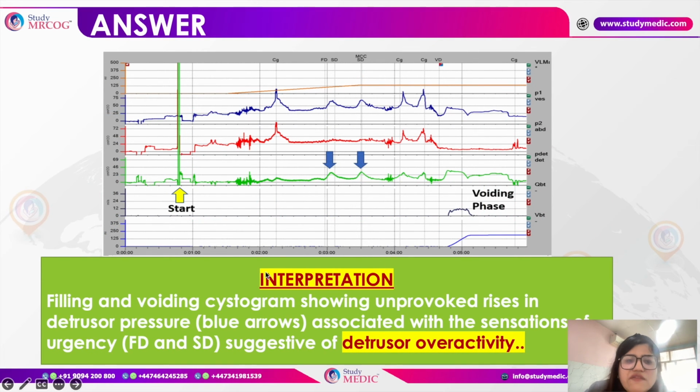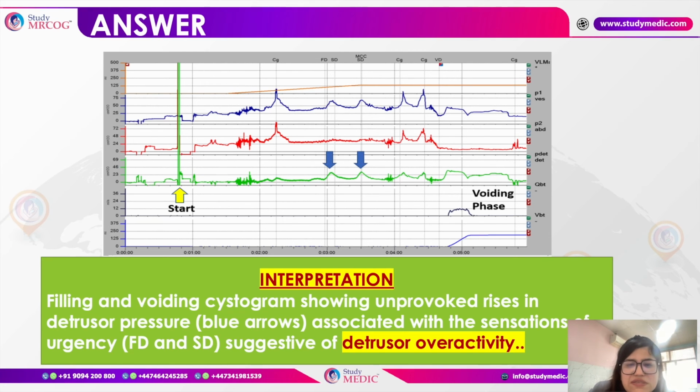So here the filling and voiding cystogram shows unprovoked rise in detrusor pressure. Even without coughing there is rise in the detrusor pressure, as you can see here. Okay, ideally it should not happen, and detrusor overactivity can be associated with a leak, or since they've not mentioned any leakage, it can be with leak or without leak.